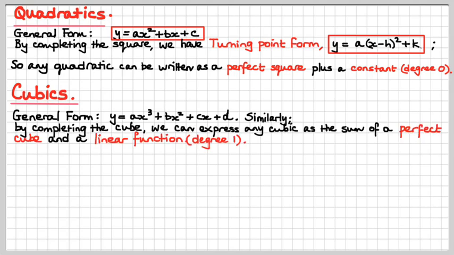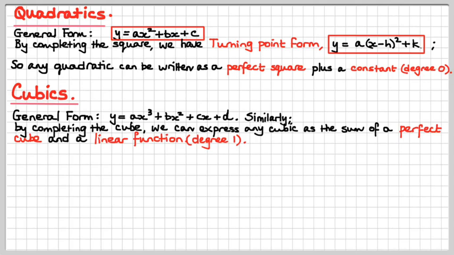Now, by completing the cube, which I hasten to add, nobody expects you to do, it is possible to complete the cube just as we complete the square up here, and the result is most fascinating: any cubic can be expressed as the sum of a perfect cube and a linear function of degree 1, whereas the quadratic was a perfect square and just a constant, which has degree of x being 0.